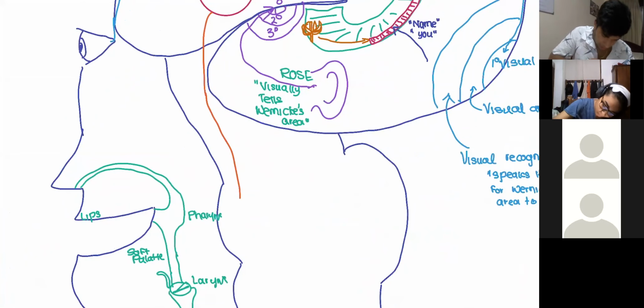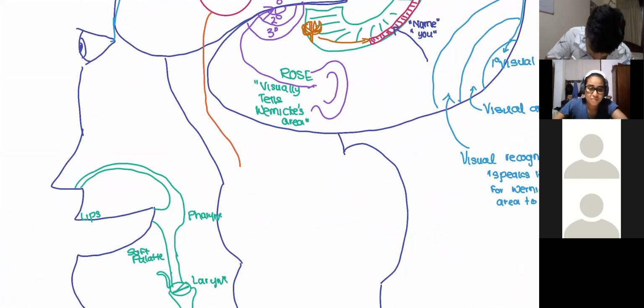They will send signals to cranial nerve 7, which will innervate the lips.